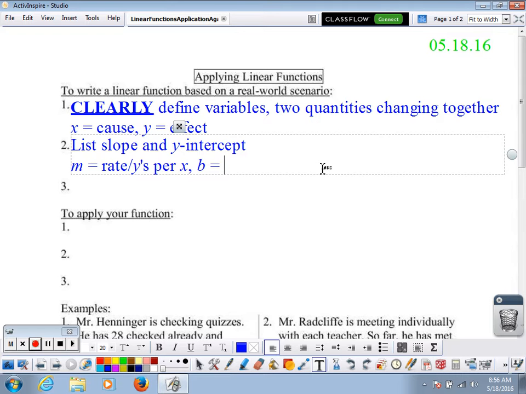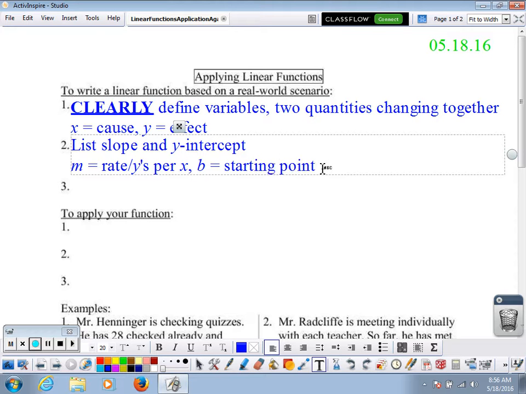What about the y-intercept? What's my indicator for the y-intercept? You're allowed to look at what we wrote down before. What's the y-intercept going to be? Good, look it up. Dig out those old notes and find it. It's the starting point.